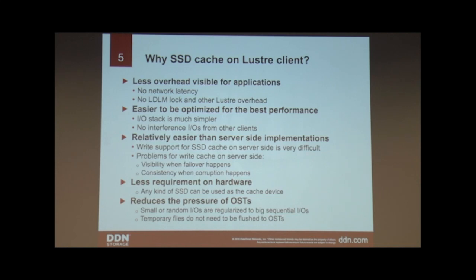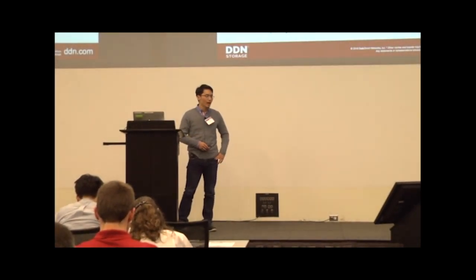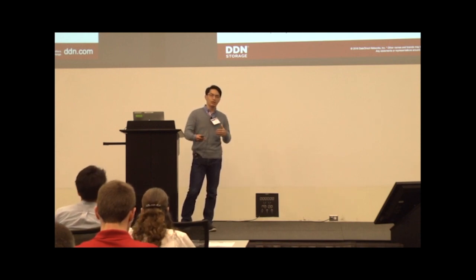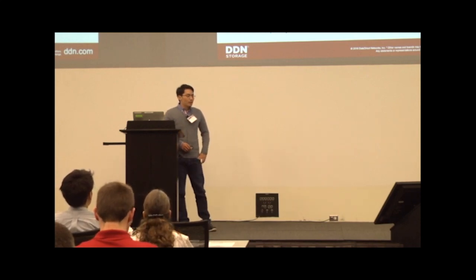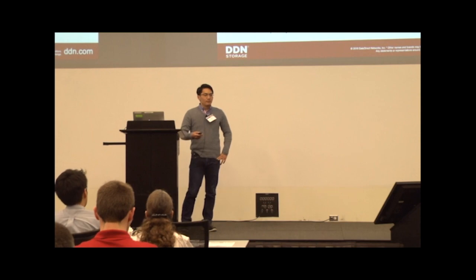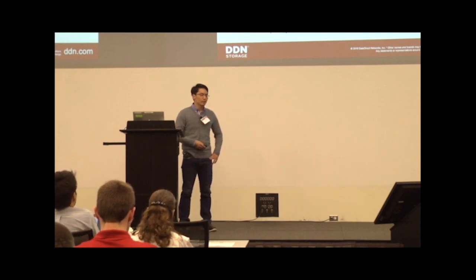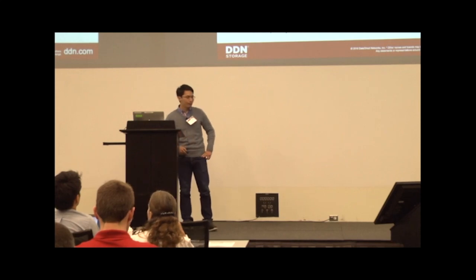Since you have a cache level on the client, you buffer some of the I/Os on the client side, and the I/Os will be regularized, so the I/O you submit to Lustre will be big and sequential. Also, if the cache on the client has a lot of temporary files, you don't need to flush the data into Lustre because those files will be removed eventually.